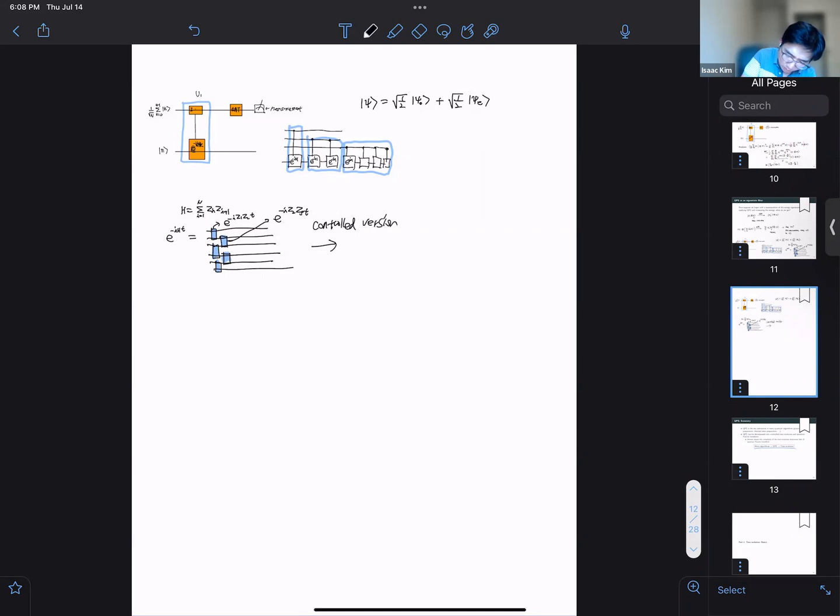Then what I would do is the gate over here is changed into a controlled two-qubit gate, and the gate over here is again changed into another controlled two-qubit gate.